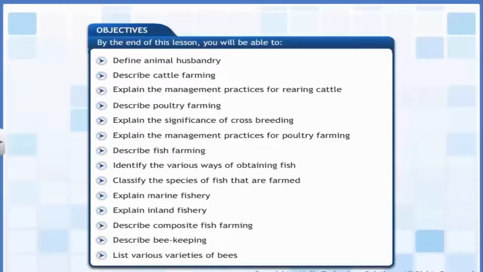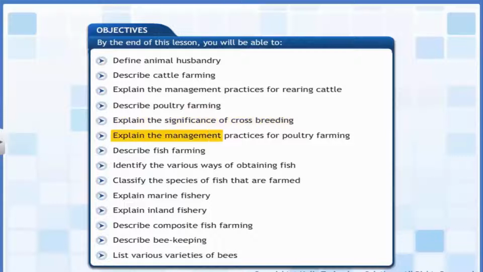In this lesson, you will learn about animal husbandry. By the end of this lesson, you will be able to define animal husbandry, describe cattle farming, explain the management practices for rearing cattle, describe poultry farming, explain the significance of crossbreeding.